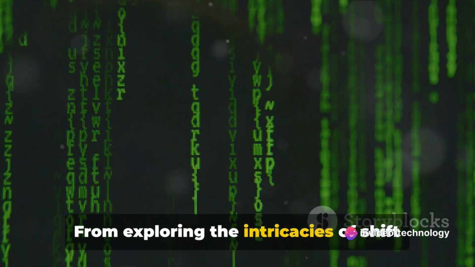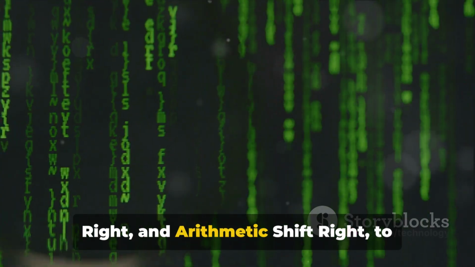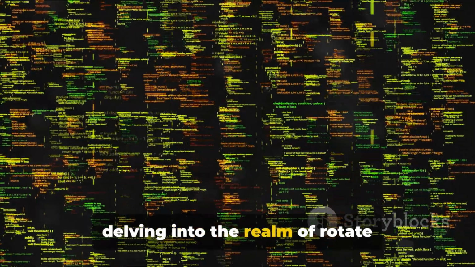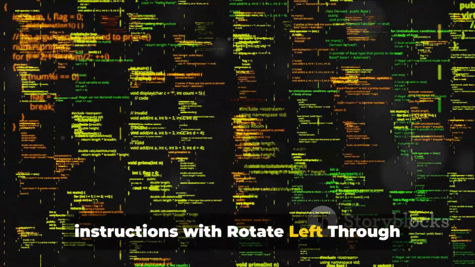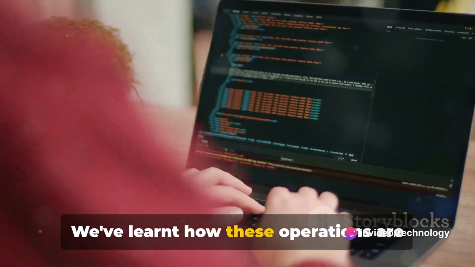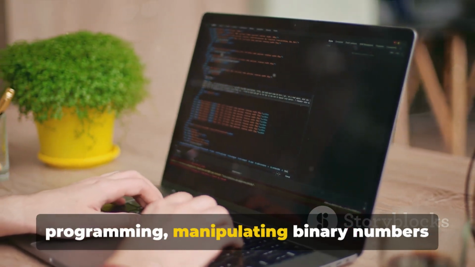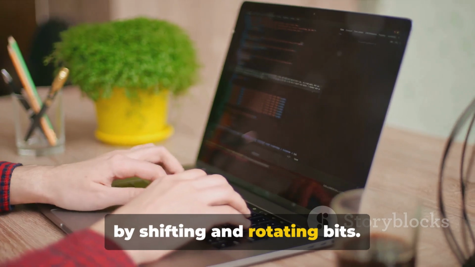From exploring the intricacies of shift instructions such as shift left, shift right, and arithmetic shift right, to delving into the realm of rotate instructions with rotate left through carry, rotate right through carry, rotate left, and rotate right. We've learnt how these operations are fundamental to assembly language programming, manipulating binary numbers by shifting and rotating bits.